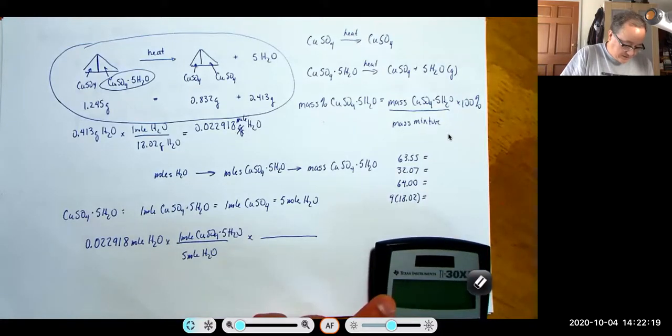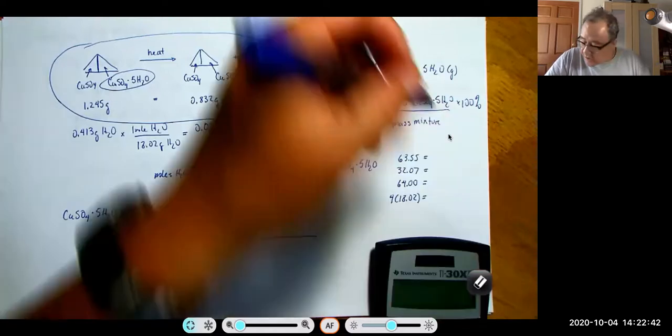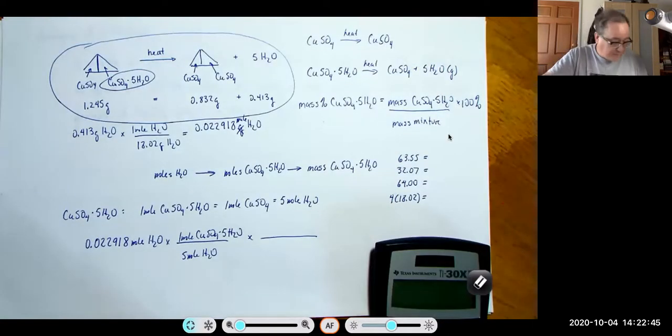Clear. 63.55 plus 32.07 plus 64 plus 5 times 18.02. Now I'm going to double check and make sure that my molar mass of copper is correct. Yep. Okay.